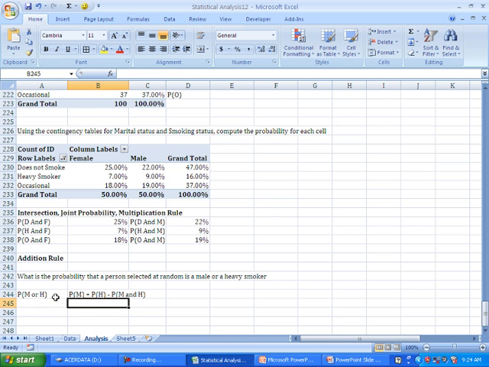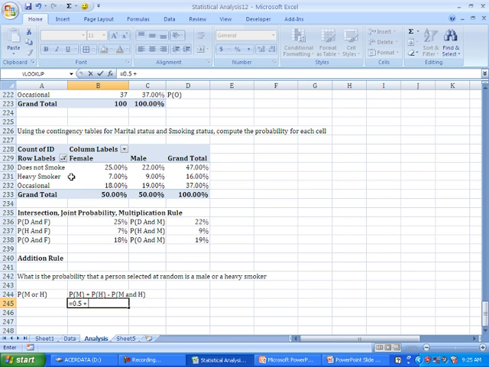Now we have all the values. What is the probability of a male? We got that the males are 50%, females are 50%. So the probability of a male is 50% plus probability of heavy smoker. What is the probability of heavy smoker? I can look at here, which is 16%.